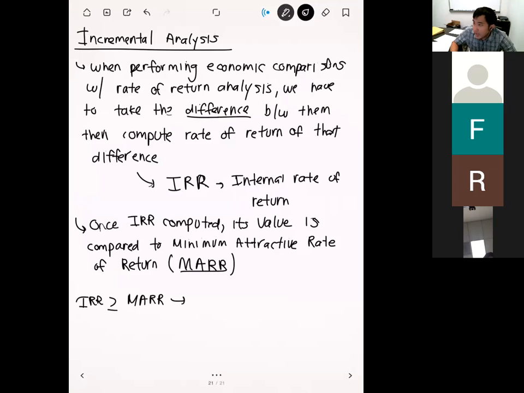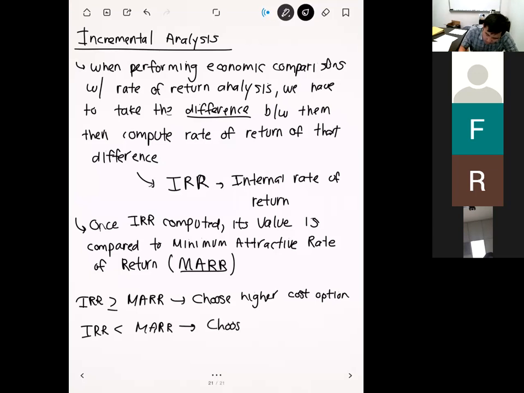In this case, what we should do is choose the higher cost option. But if the IRR is less than the MARR, then we're going to choose the lower cost option.